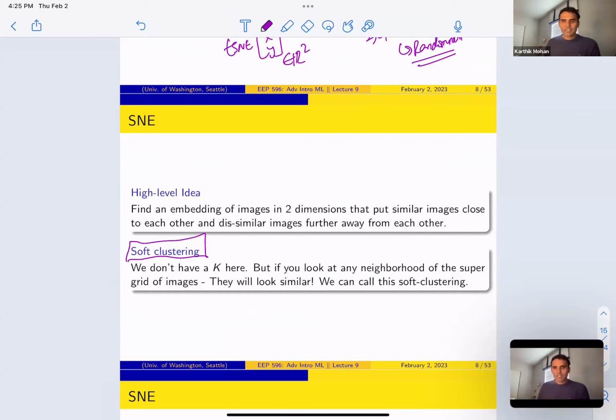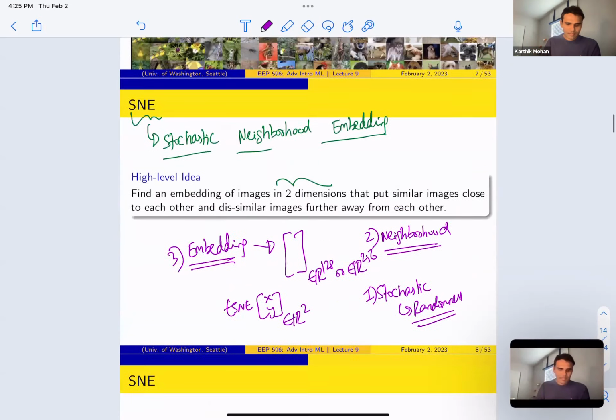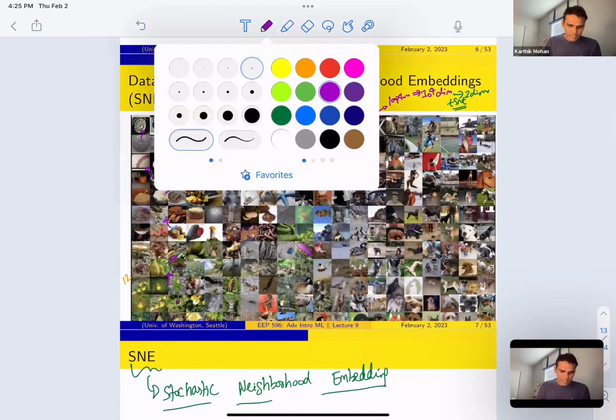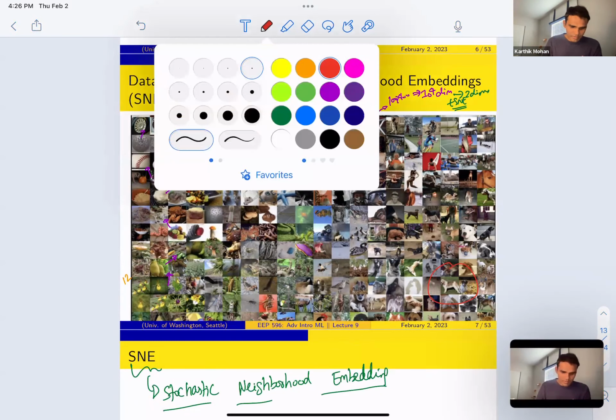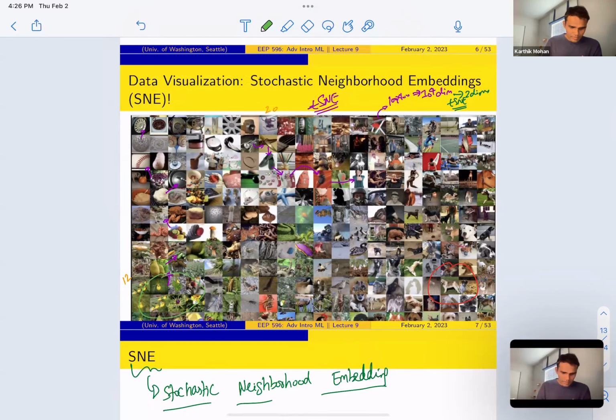So there's a neighborhood that determines the soft clustering, right? The neighborhood effect is present. So if you look at the supergrid and focus on any neighborhood, that neighborhood will be similar in nature. You can zoom in on any part of this. Let's zoom in here, and then you'll see dogs. Or let's zoom in here, and then you see flowers.